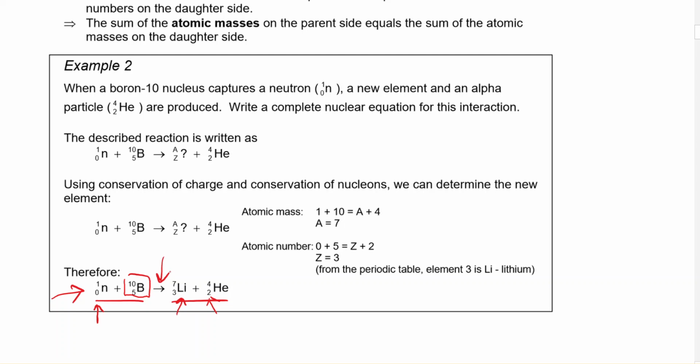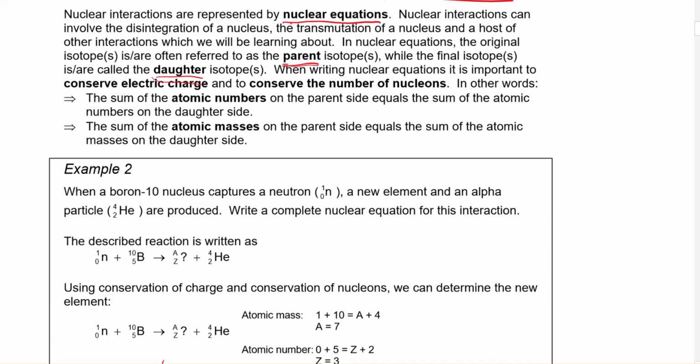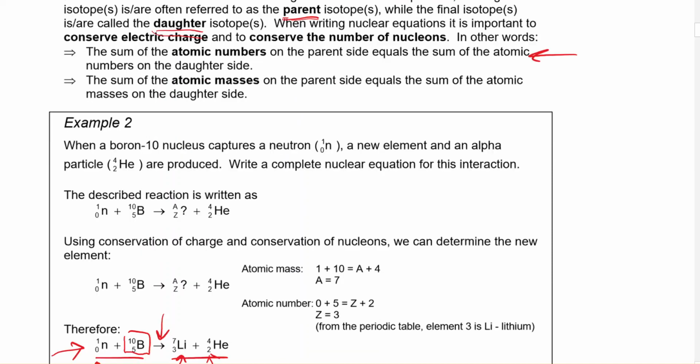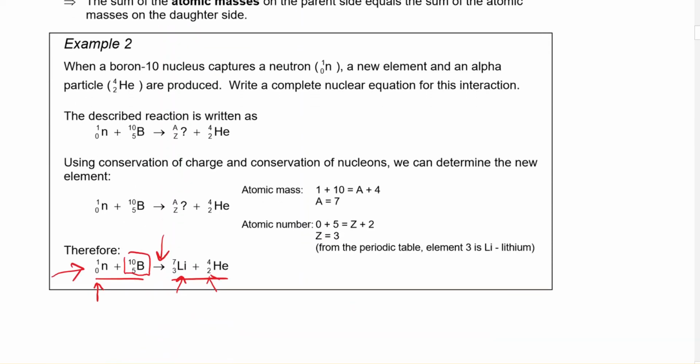So very similar. Now, what's happening here is that the sum of the atomic numbers on the parent side equals the sum of the atomic numbers on the daughter side. That actually just makes sense. If we're saying the sum of the atomic numbers, remember, that's just the number of protons. So if you've got 5 protons to begin with, there must be 5 protons to end with.